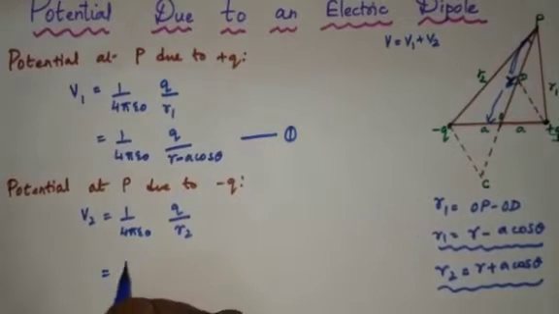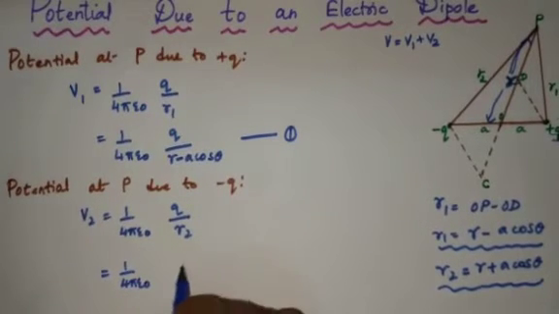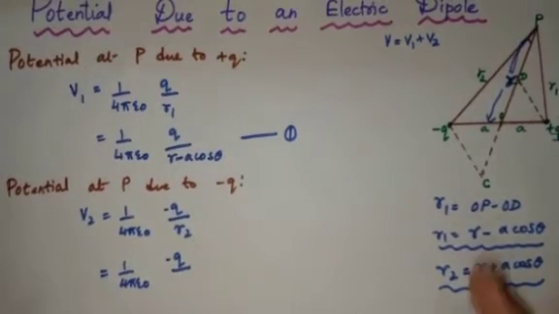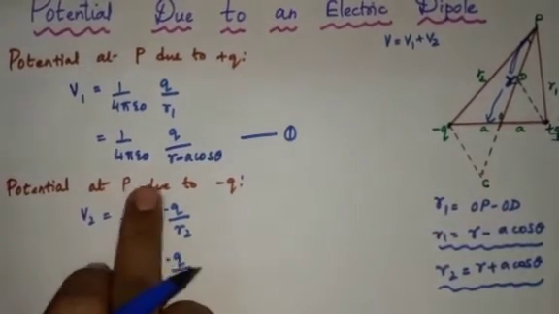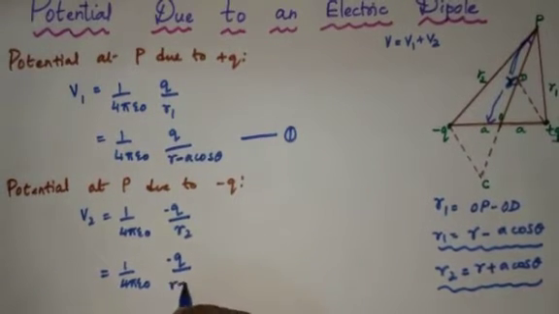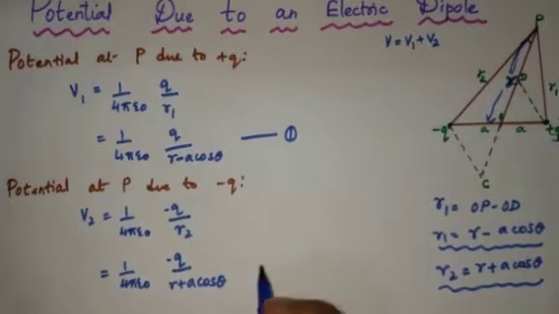Remember this q is minus q, because we are handling the potential at P due to minus q. So minus q by r2, and from the figure we found that r2 is r plus a cos theta.